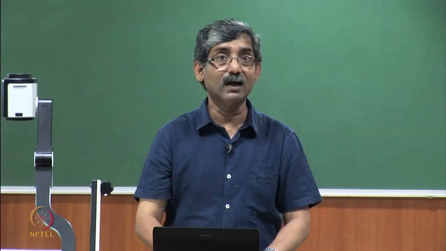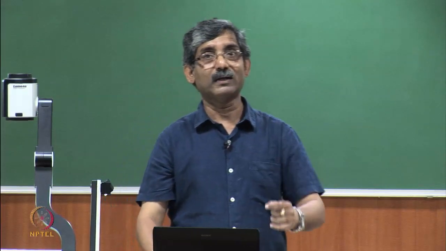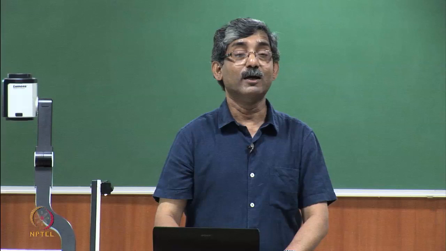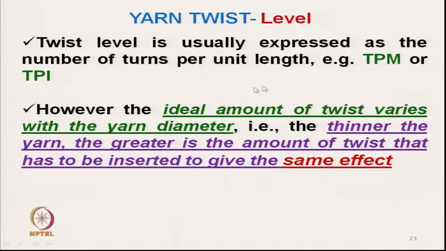If the yarns are of different diameter, we cannot impart the same twist, TPI or TPM, to get the same effect. So, we have to impart different twist per unit length, a different level of twist.